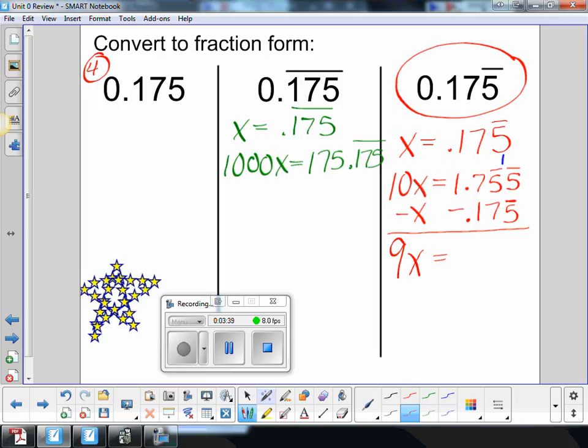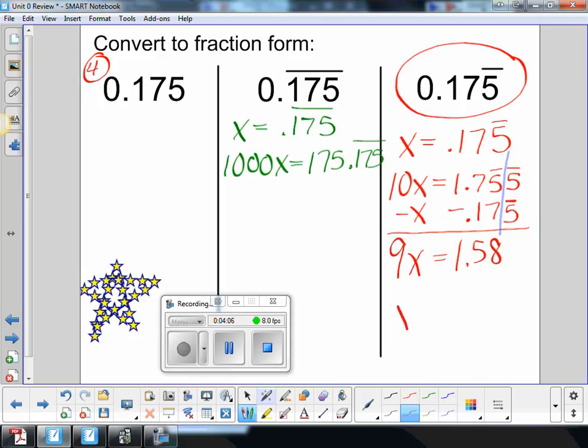So everything to the right of this line will disappear, leaving us with $1.75, take away 17 cents, which is $1.58. So we have 1.58 when we subtract. If you don't know how to do the mental math and you want to type it in, just type in 1.75 minus 0.17. Okay?